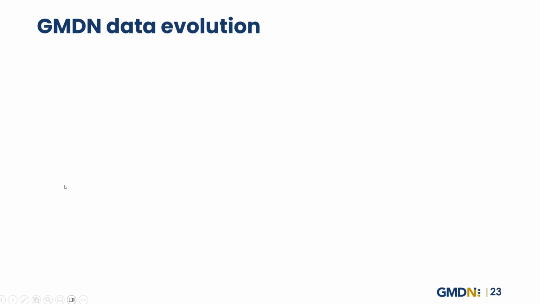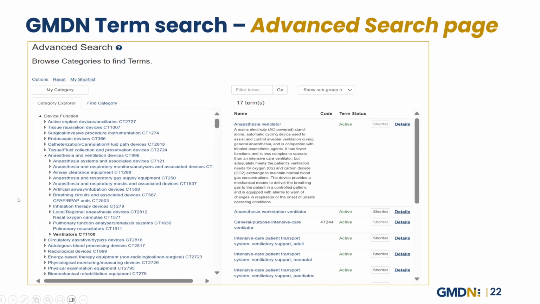There is another function that I would like to tell you about, which is My categories. Recently we also launched a new functionality. This allows users, such as manufacturers and others, any user in fact, to add categories of interest to a favorite list of categories. Basically, you select the category, you click on My category, and you will be able to add it to your favorite list.